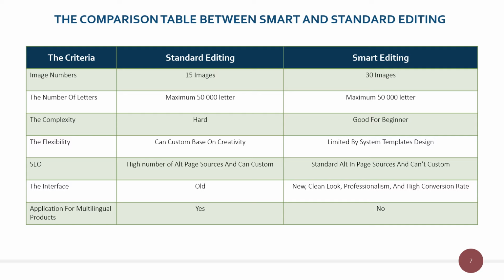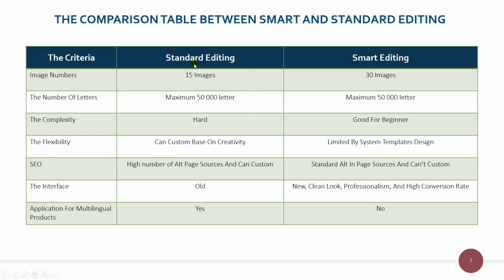However, for the smart editing type, it's limited by the system template design, so you cannot add custom things that you want to design on your own. Also, about SEO, I will talk about this later. I will talk about the last two criteria over here, and we'll come back to this one.